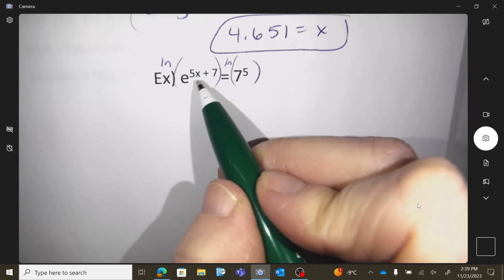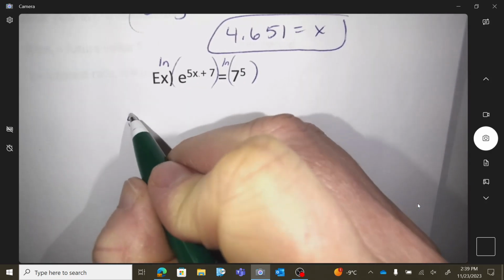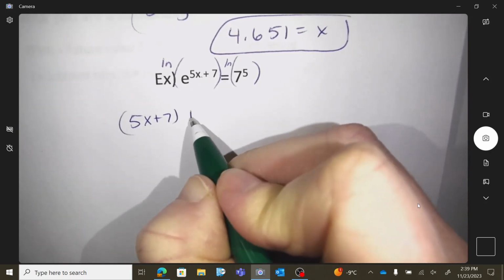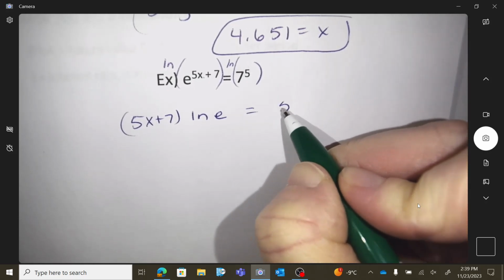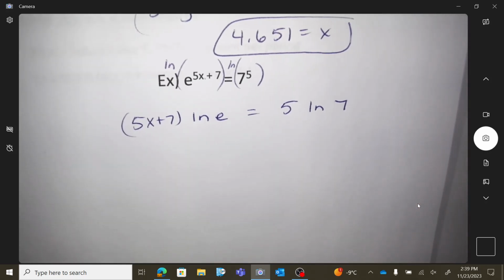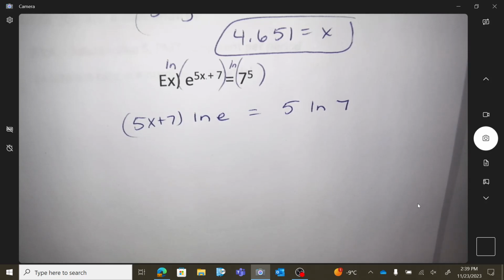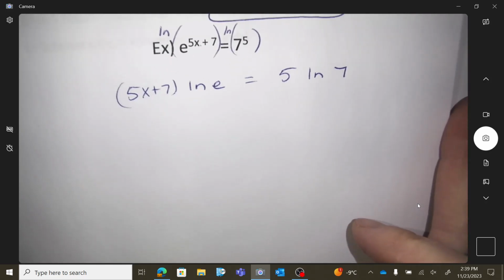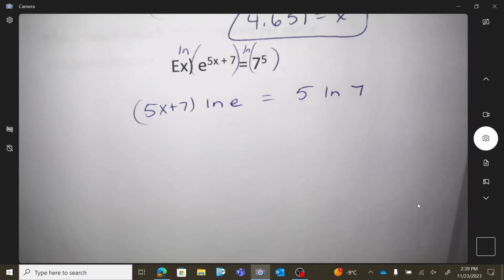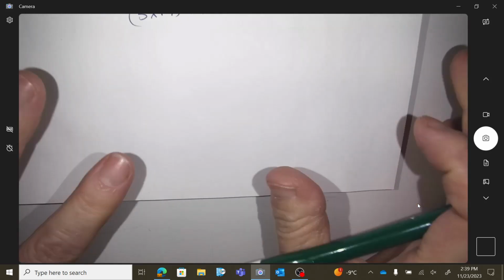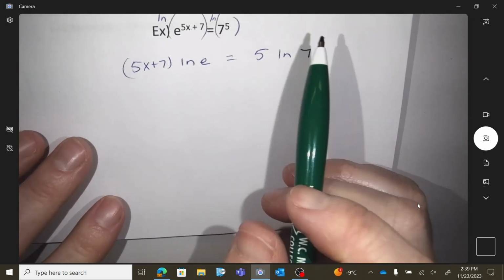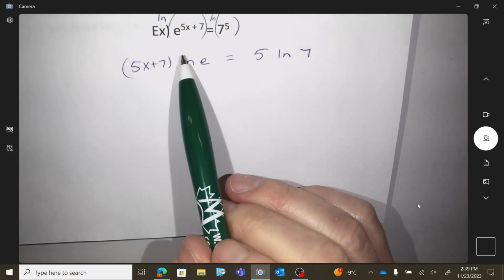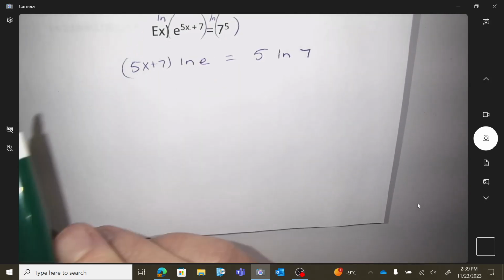Okay, ready? Exponent becomes a multiplier. Does anybody know the number for what is the ln of e?